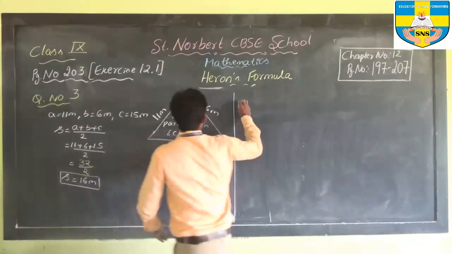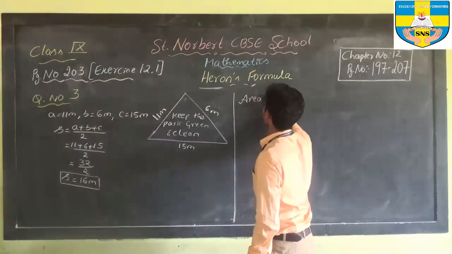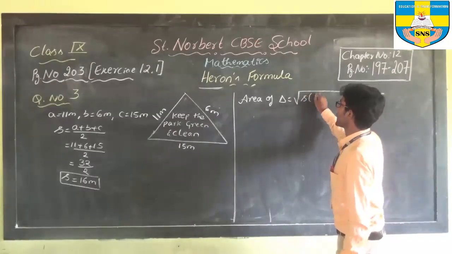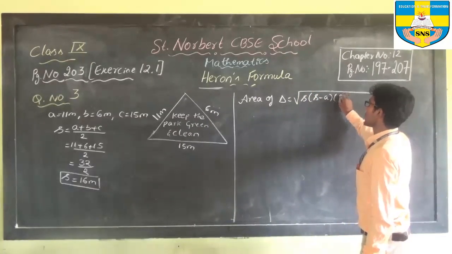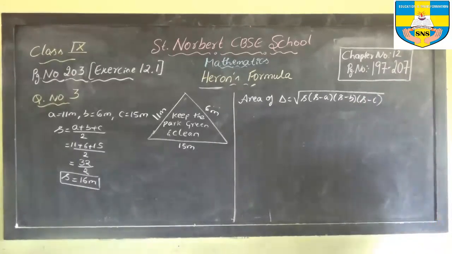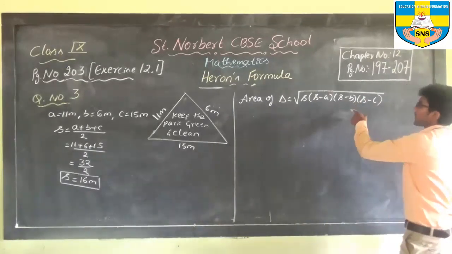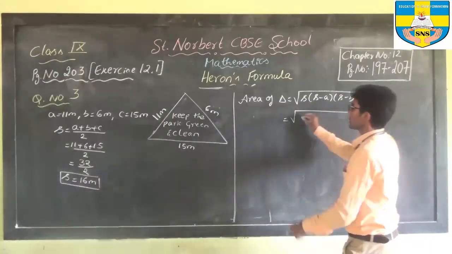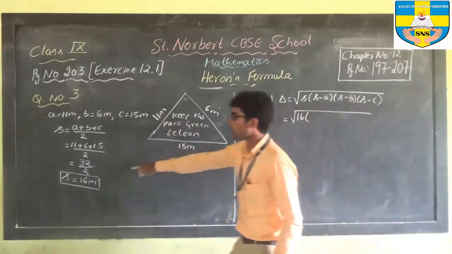Now we can go for Heron's formula. Area of triangle is equal to square root of S, S minus A, S minus B, S minus C. Okay. If it is S minus A, S minus B, and S minus C, what is the value of S in this question? 16. Just now we calculated this.